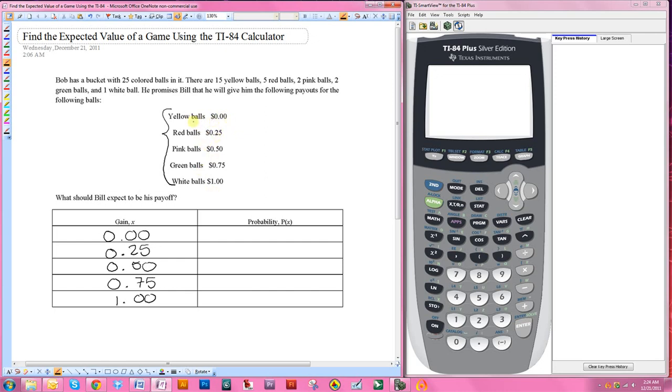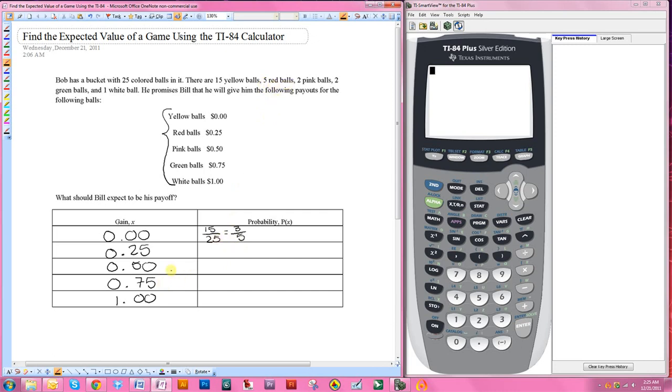Well, you're going to get $0 whenever you select a yellow ball. Okay, so we need to find the probability of getting a yellow ball. Well, there are 15 yellow balls out of 25, so the probability is just going to be 15 out of 25, which is a simplified fraction of 3 out of 5. Okay.